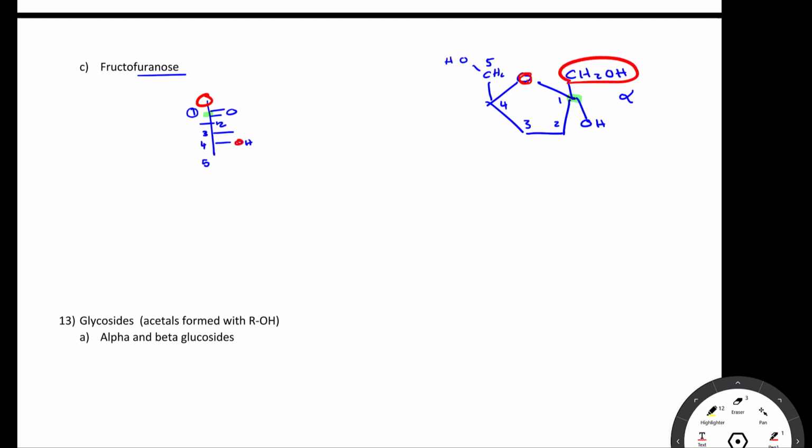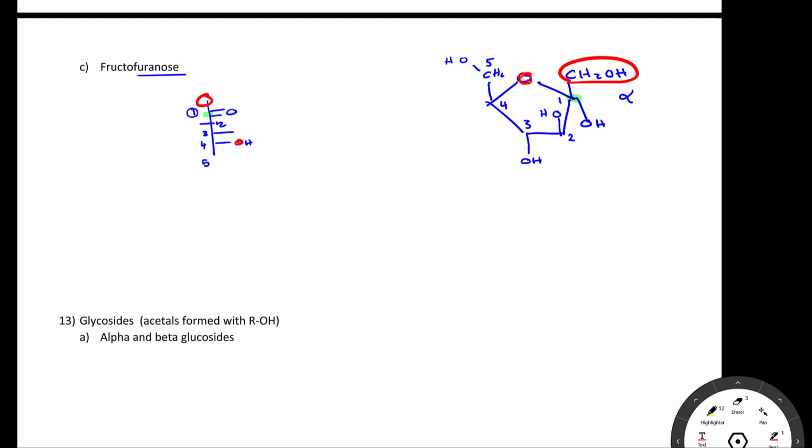That's the CH2OH there. Now, if I look at 2 and 3 and follow the directions that I gave before, 2 would be in the upward direction and 3 would be in the downward direction. So there's an OH, and this is carbon number 2 in the ring, and then this is carbon number 3, and this is the OH going down like that. So that's fructofuranose in its alpha form.